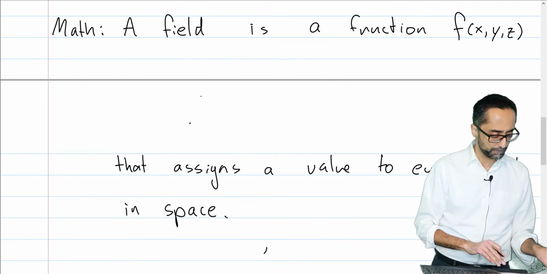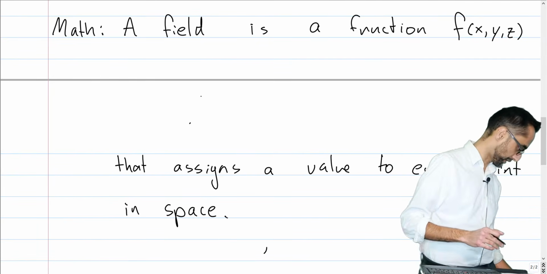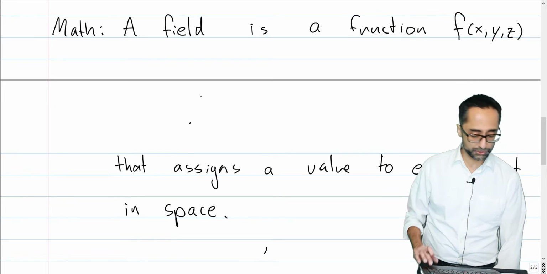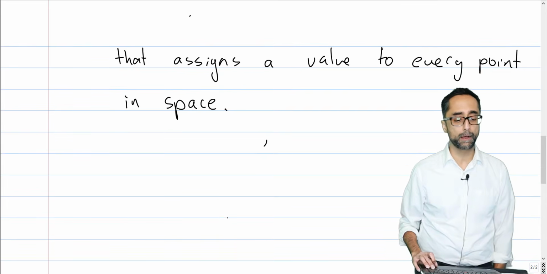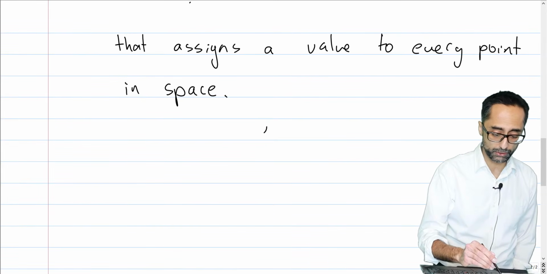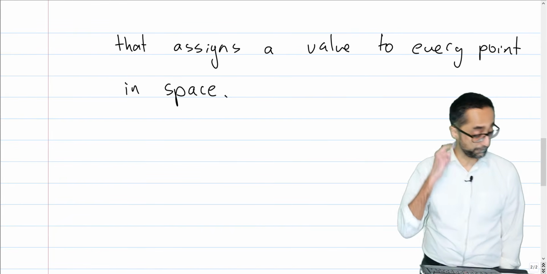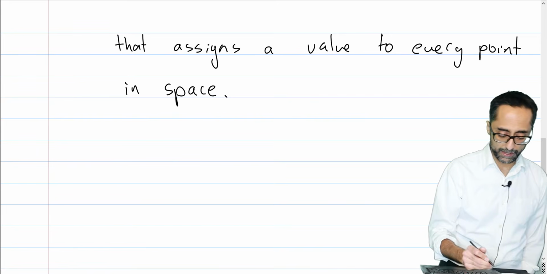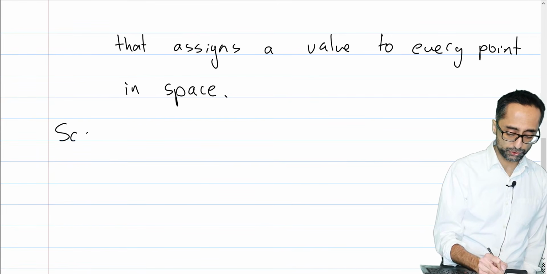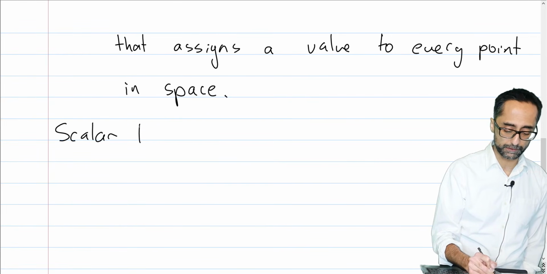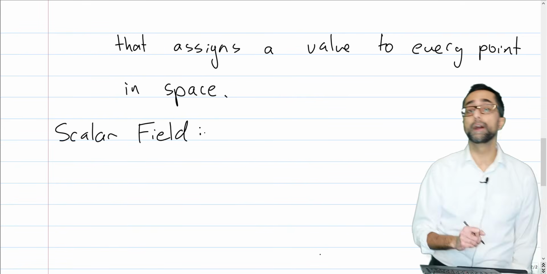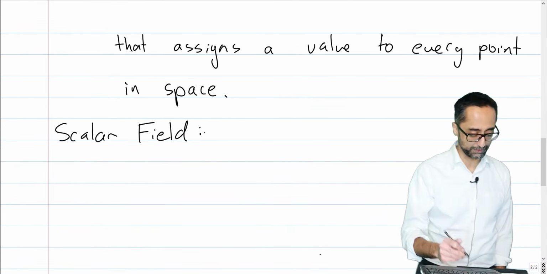All right. Before we get too far into math, let's describe two types of fields. And you'll encounter both of these fields in this class and in future courses as well. Let's first talk about the scalar field. And the scalar field is the easier of the two fields we're going to talk about.